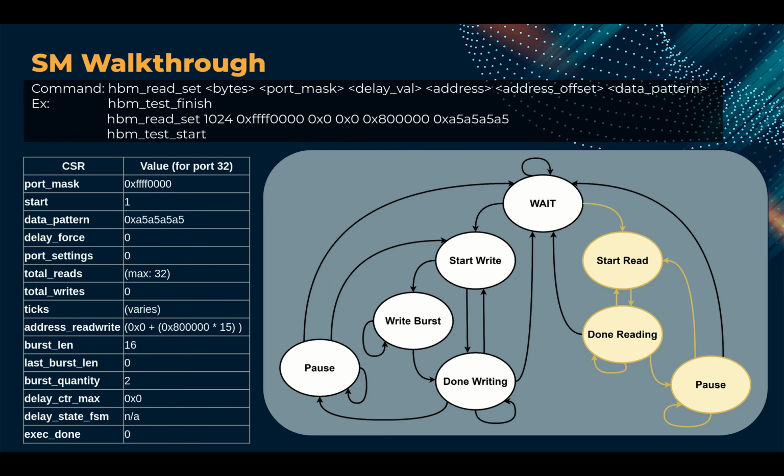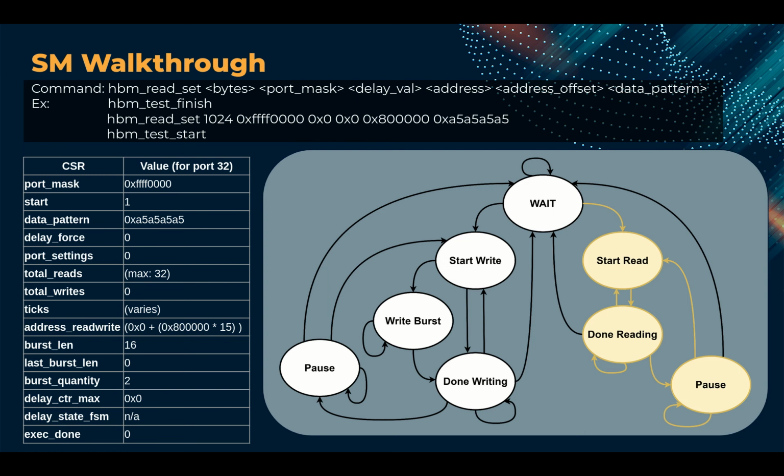Each port will read 1024 bytes of data. 2 transactions will be a burst length of 16, thus burst len is set to 16. The last transaction will be a burst of 16, and since it isn't different than burst len, it is not set. There will be 2 transactions, so burst quantity is set to 2, and in all we will have 32 byte writes with the HBM.